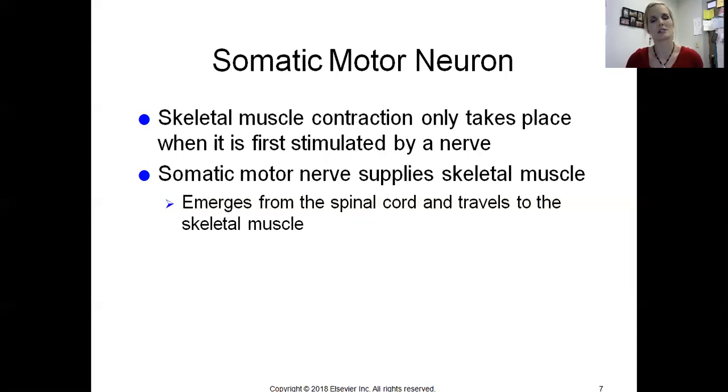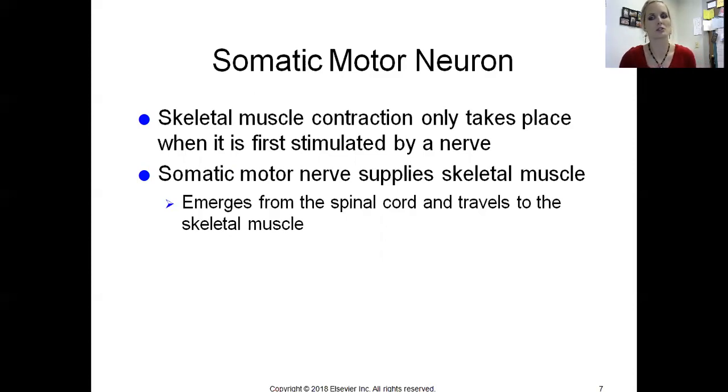I'll talk to you guys about the difference between our somatic nervous system, which is our voluntary movements controlled by nerves, but also what's called our autonomic nervous system, which are the automatic functions. So our smooth muscle and our cardiac, those two muscles respond on their own without me having to tell them to do something. Our skeletal muscle is controlled by our somatic nerve division.